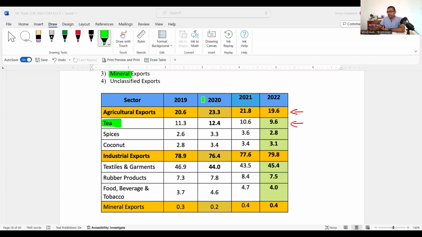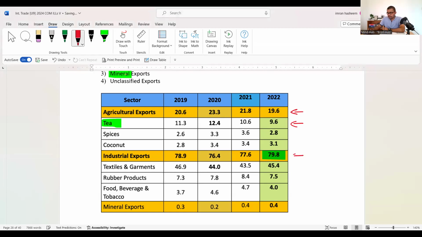Right. Then industrial exports is the biggest sector, and there is an increase in the contribution of the industrial sector, especially from 2020 up to 22. Okay. So definitely remember the value 79.8.